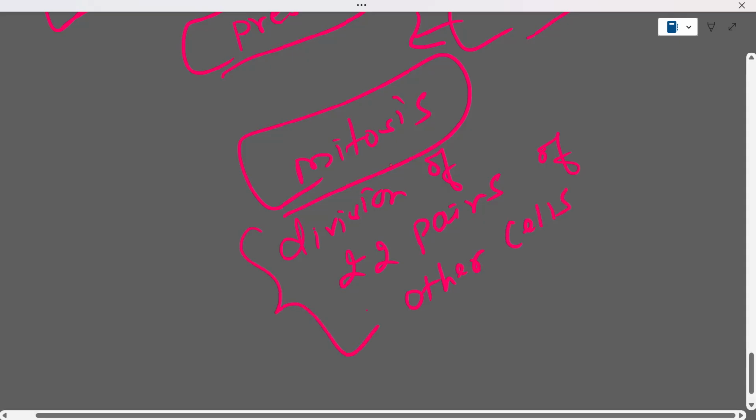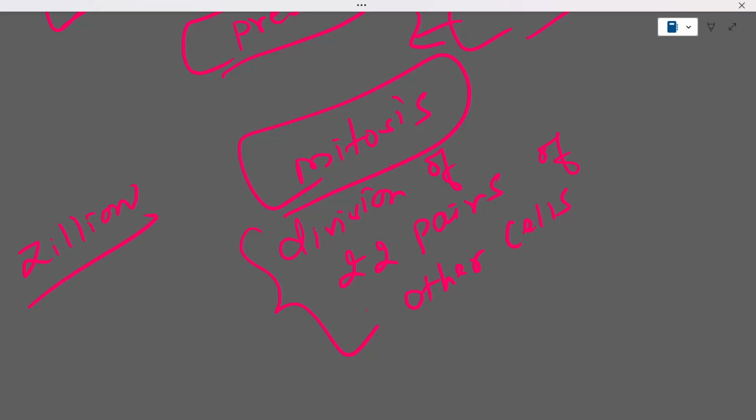Cells keep dividing, even while I speak, my body will have killed zillions of cells, and zillions of newer cells would have developed. This process keeps going on, and this division is necessary.